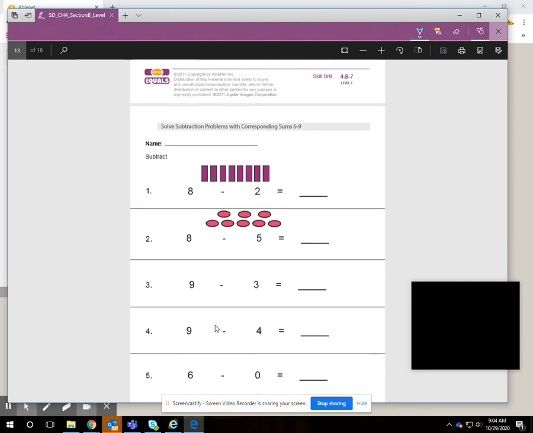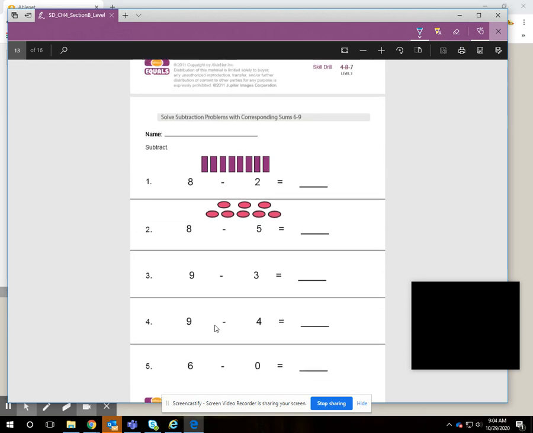Okay, friends, there's one more worksheet. I'm going to do the first 2 with you here before I set you loose to do your own worksheets on the next couple slides. So right here, we're starting with the number 8. And we're still subtracting, so that means we take away 2.